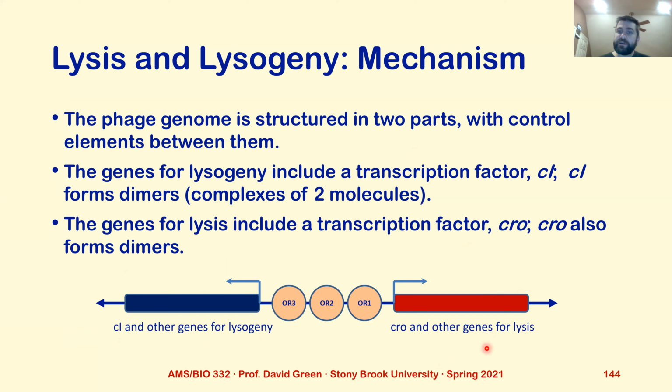Each of these groups contains a transcription factor. The group of genes responsible for lysogeny contains a protein referred to as CI. This is sometimes simply called the lambda repressor.